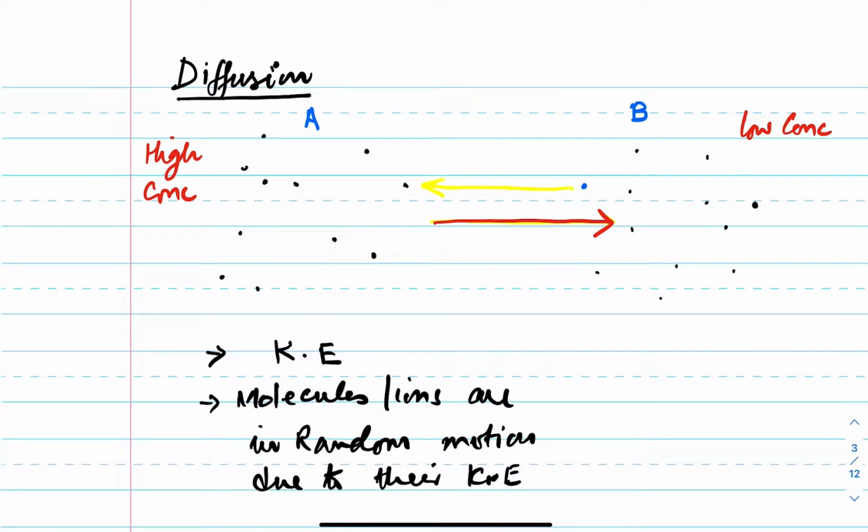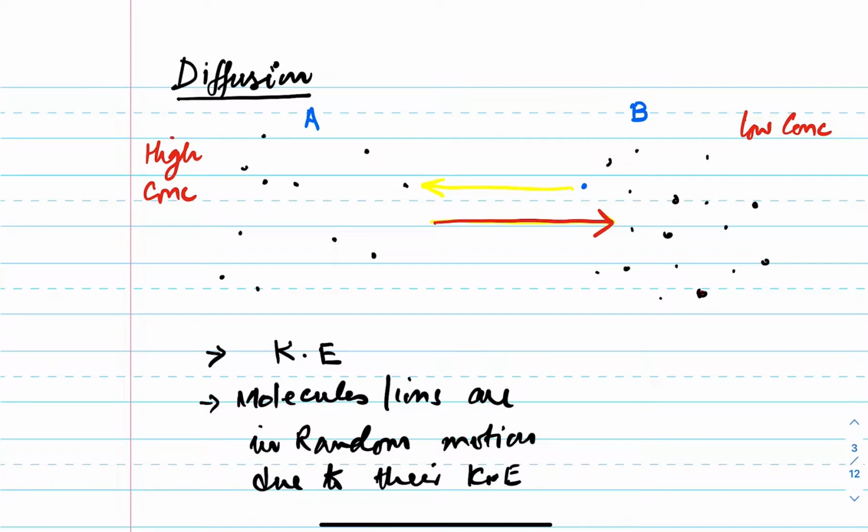So the concentration will continue to increase on the B side, and continue to decrease on the A side. So consequently, what will happen? The concentration on both of the sides becomes the same. So an equilibrium is established.